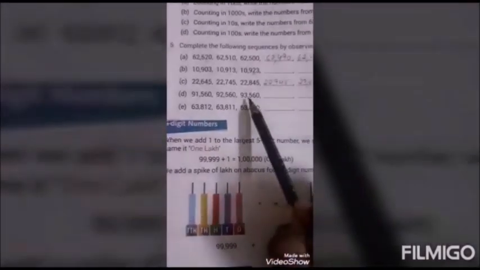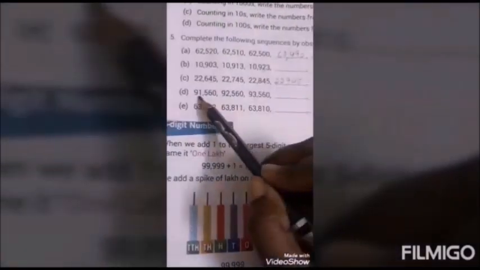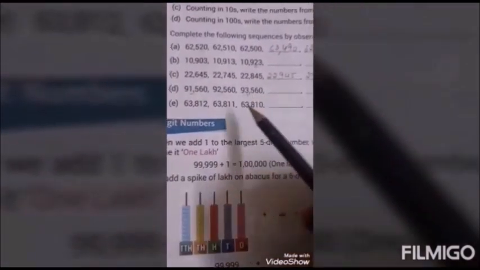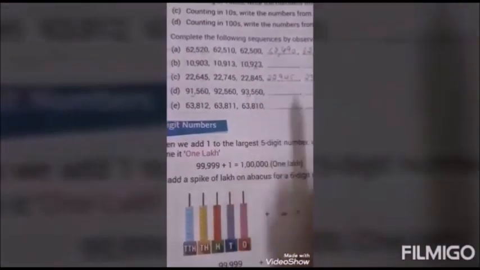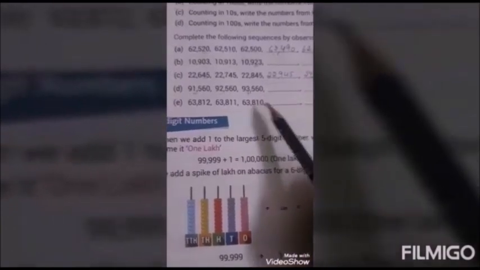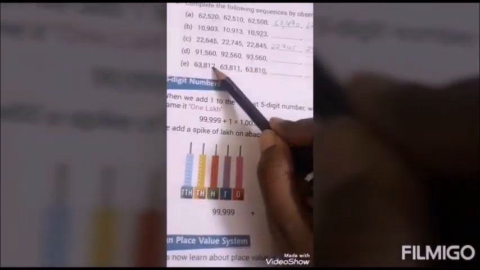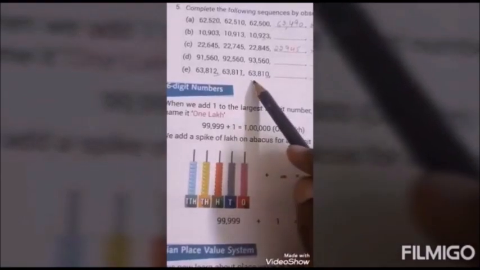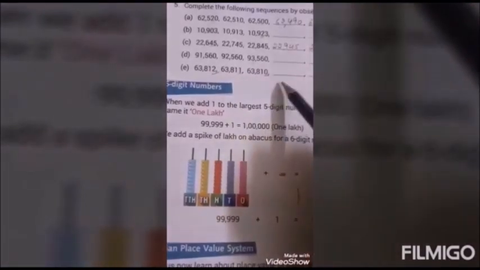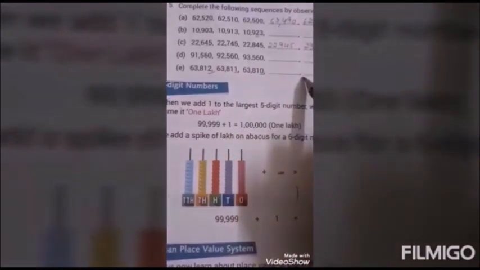Similarly, in part D we have to add 1000 to get the next number because the number at the 1000's place is changing and it is in increasing order. Next, part E, we have to subtract 1 because it is in decreasing order and the one's place is changing. So here is the sequence.